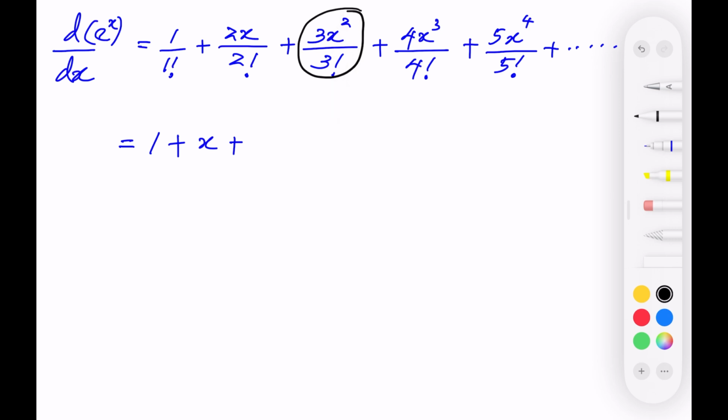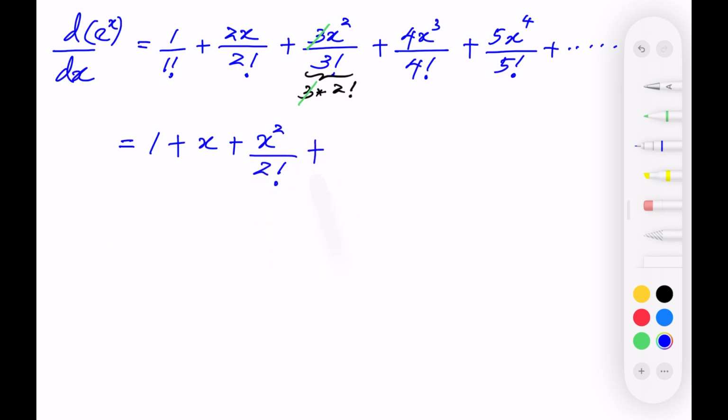On the numerator, I have 3 times x squared. On the denominator, I have factorial 3. And we saw earlier that factorial 3 can be written as 3 times factorial 2. As soon as you write it that way, you can cancel off the 3 from the numerator and the denominator. Then that term simplifies to x squared over factorial 2.